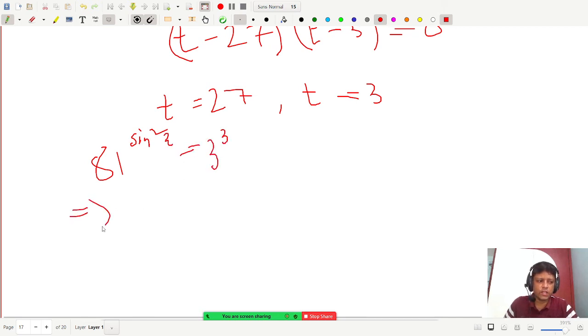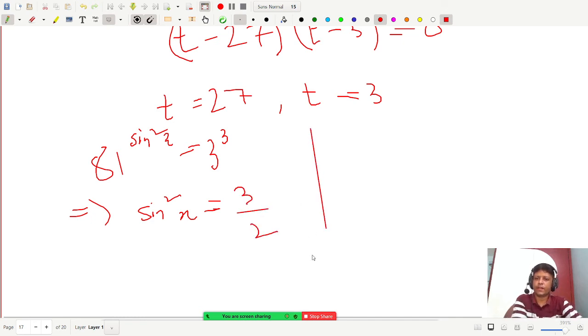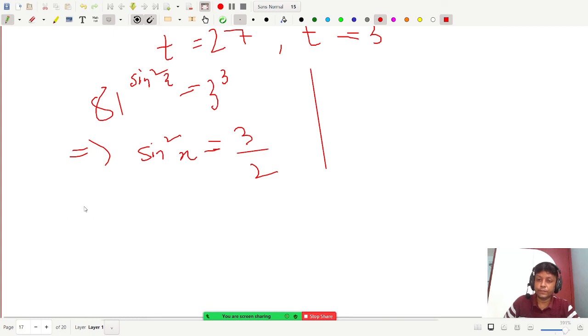In this case you can write 3 to the power 4 sin square x, so sin square x is equal to 3 by 4. So sin x equal to plus minus root 3 by 2 using the indices.